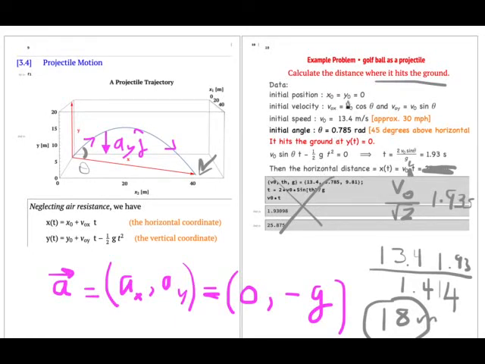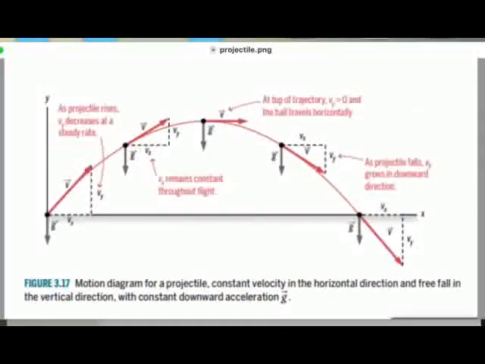It didn't go very far. This was a relatively small initial speed. You'll have a lot of problems like this to work out in the long kappa assignment. So, projectile motion.